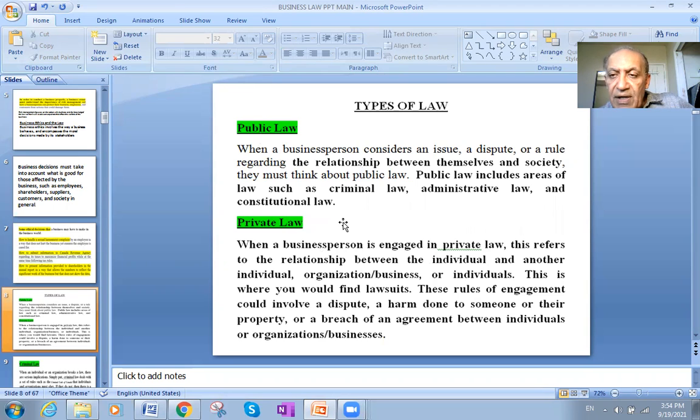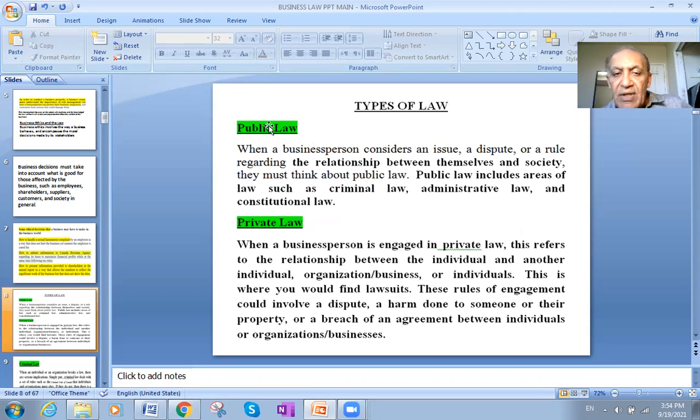How about private law? When a business person is engaged in private law, this refers to the relationship between an individual and another individual. But public law is between the individual and the whole society.